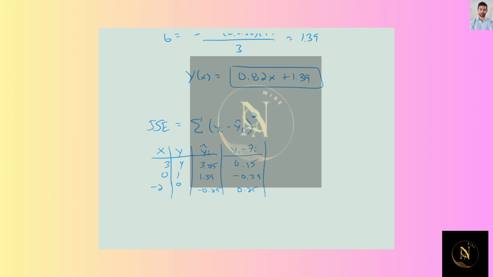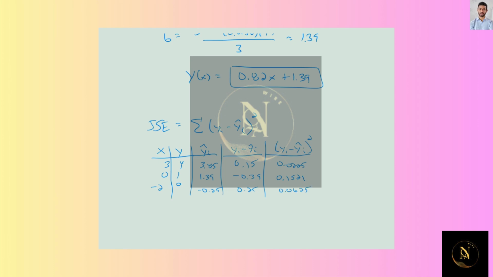And then we would square those differences. 0.15 squared is 0.0225. Negative 0.39 squared is 0.1521. And 0.25 squared is 0.0625.